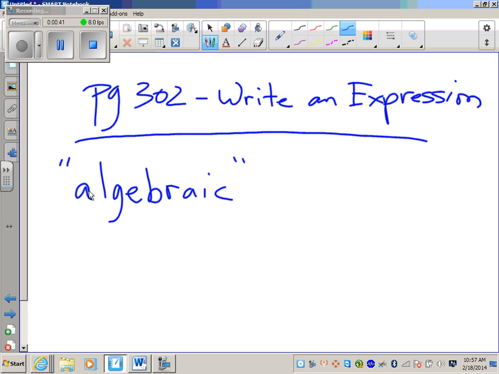Yes, algebra, they're referring to that kind of an expression which is going to rely heavily on the use of variables.